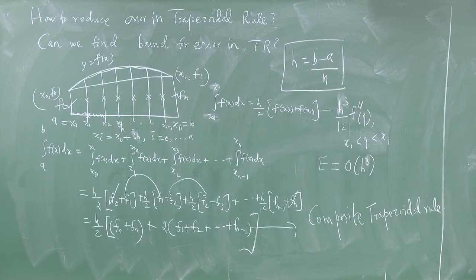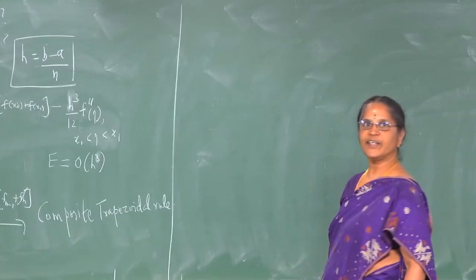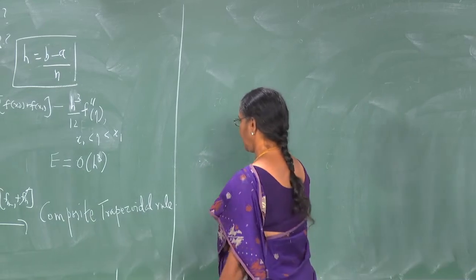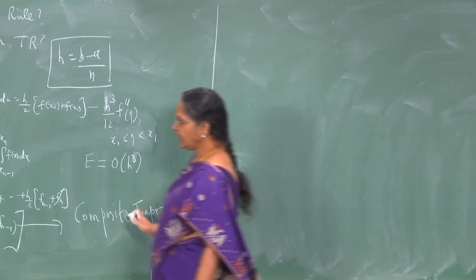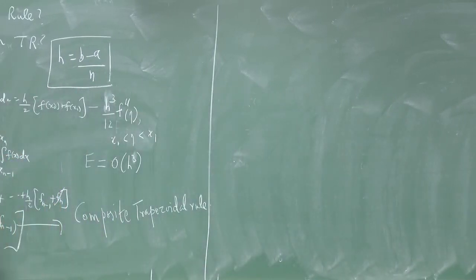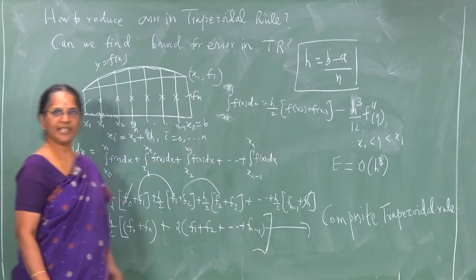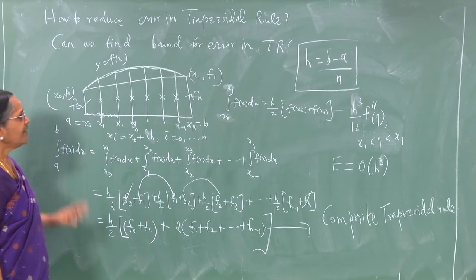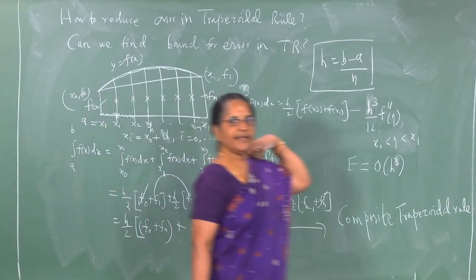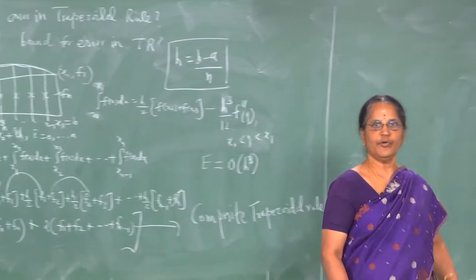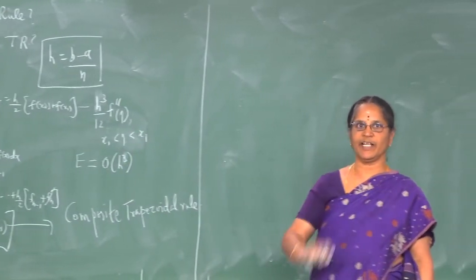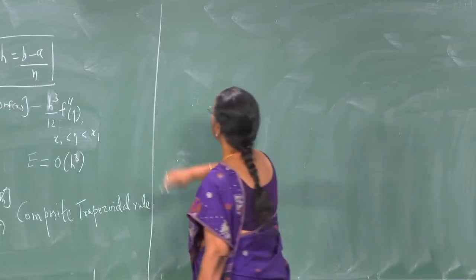Again, the question is, what is the error that is incurred in composite trapezoidal rule? So, that can be obtained by computing the error that is incurred in evaluating each of these integrals in the n subintervals. And we already have determined the error in trapezoidal rule when it is applied to an interval. So, we shall make use of that.